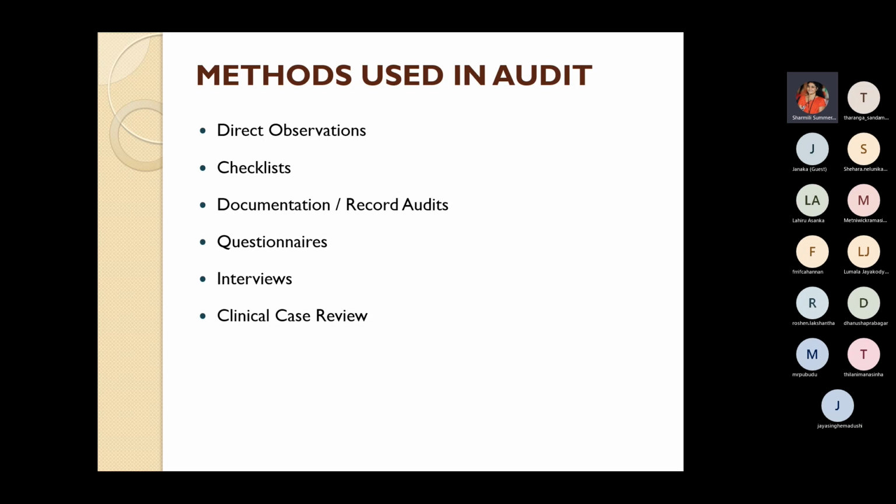So we can observe how the employees are working. If we are going to do an auditor evaluation of a particular staff member, we can monitor how the person works, how they do the activities, and what actions they take in solving a problem. Those things we call direct observation. Through visualization of a particular action, we can assess the audit.